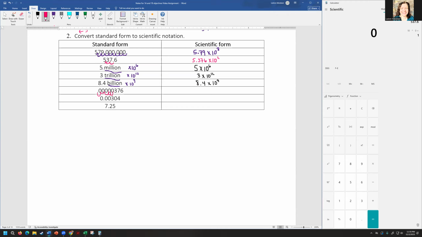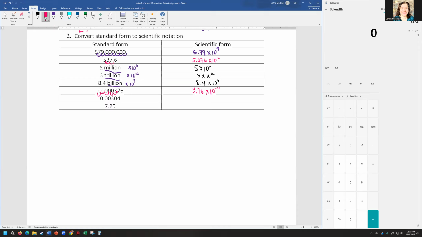So this is a move. We need to get it all the way between the 3 and the 7. So this would be 3.76. Imagine you're starting at 10 to the 0, right, from the original number. We move this 1, 2, 3, 4, 5, 6 places to the right, which means we would subtract 6 from the exponent of 0.